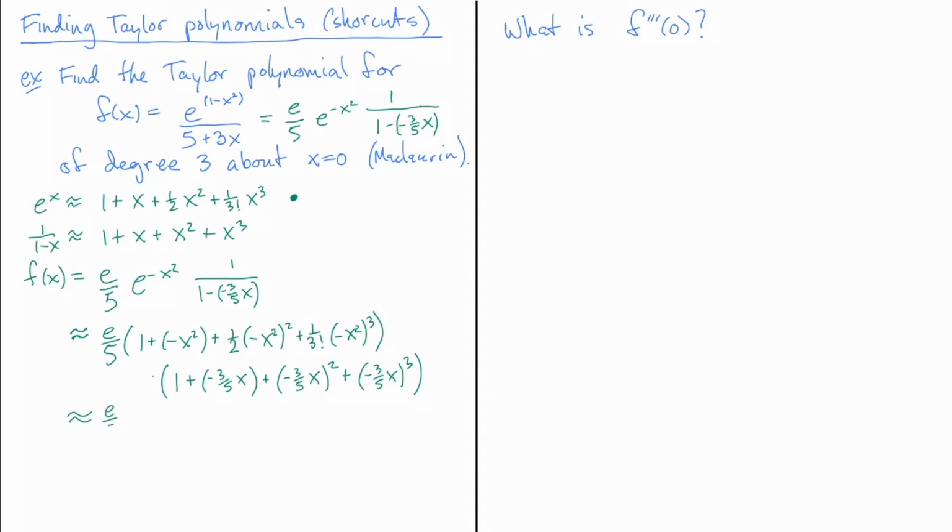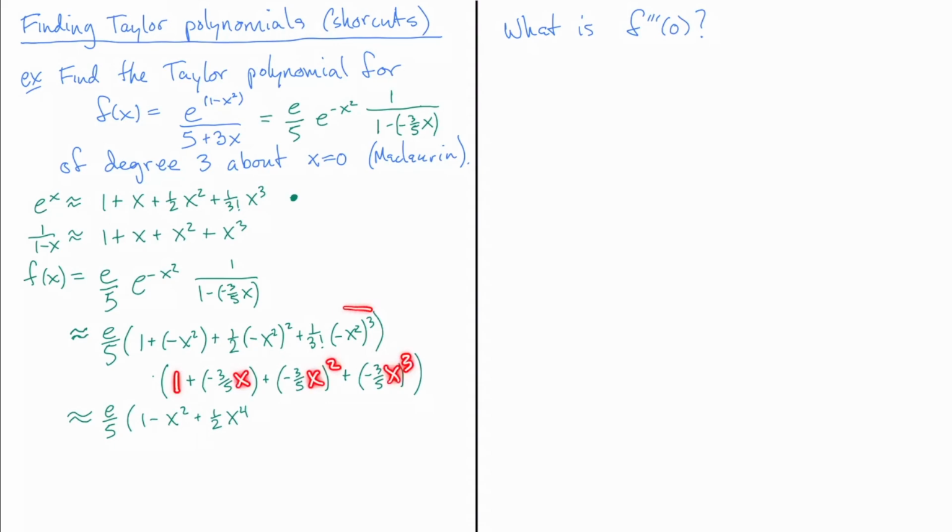Okay, so what I get in the brackets, I get 1 minus x squared plus 1/2 x to the 4. And you'll notice this term here is going to be an x to the 6. And it's going to get multiplied by a 1, an x squared, an x cubed.